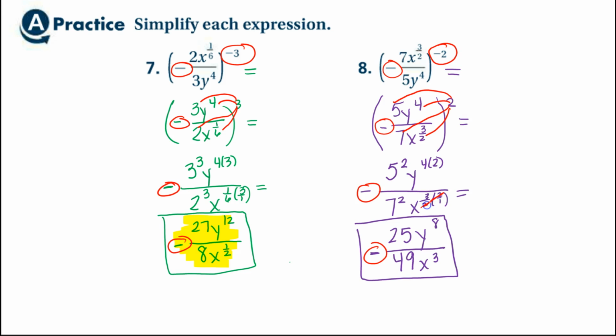On the bottom there, those 2's are going to cancel out. So negative 25y to the 8th over 49x to the 3rd. 25 and 49 don't have any factors in common, so that would be our simplified answer.